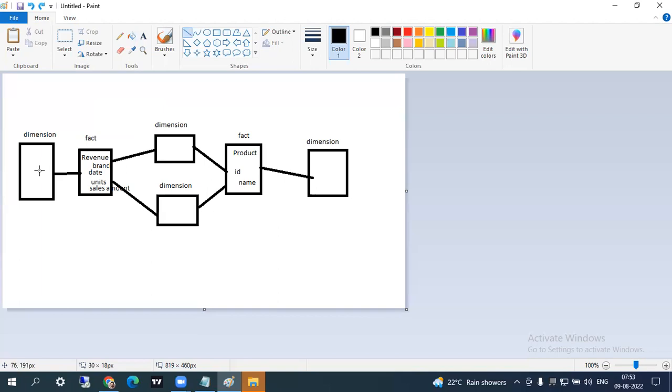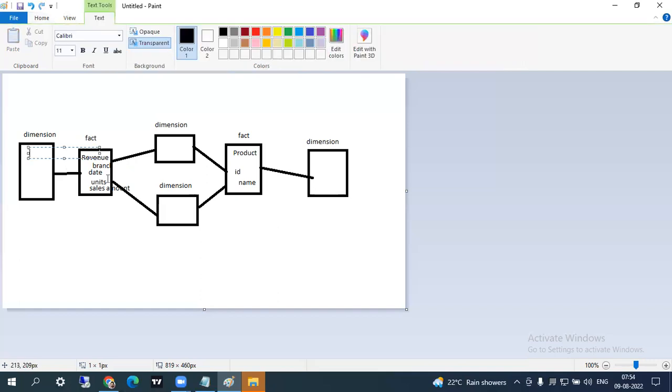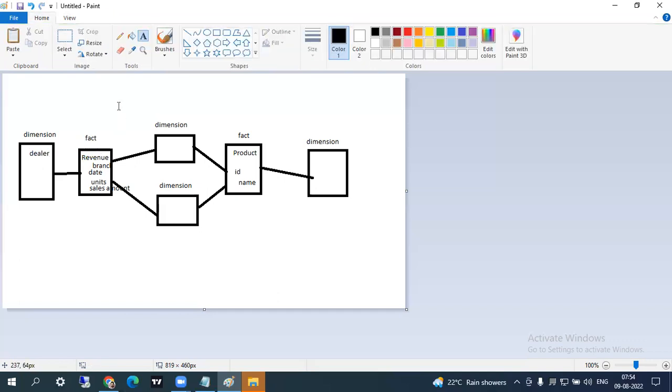And the dimension regarding dealer is with respect to the revenue table only. For dealer, you will capture dealer location, dealer country, or dealer address. Everything would be captured in this dimension table.